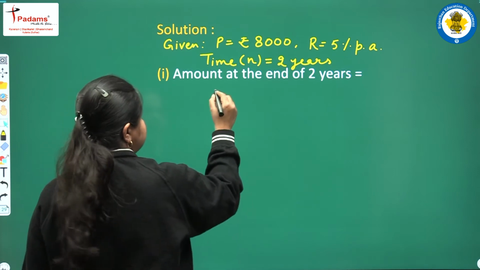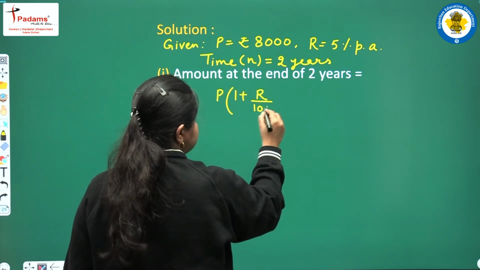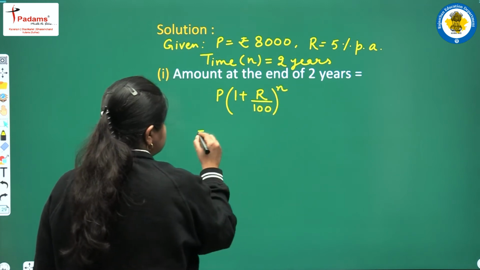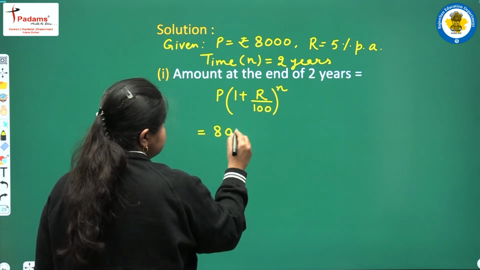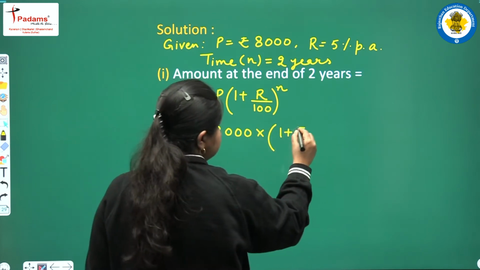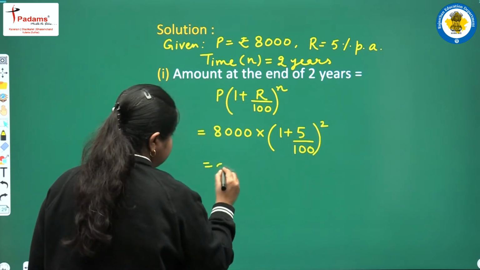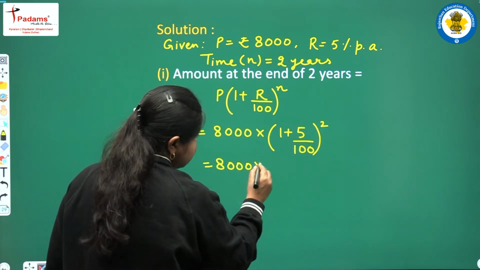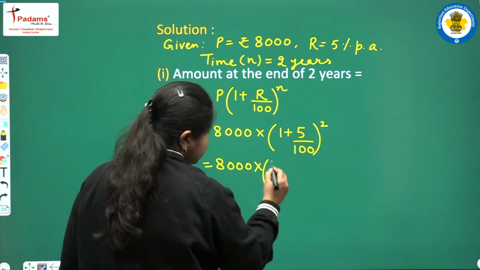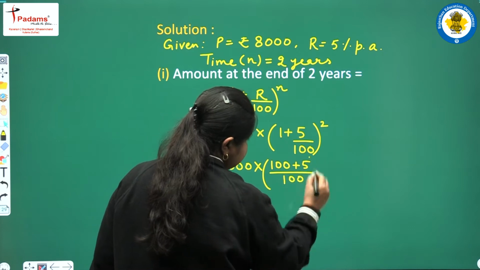Let us find it as P into 1 plus R upon 100 raised to power n. Now P is 8,000 into 1 plus R, which is 5 here, upon 100 raised to power 2. This will be 8,000 into 100 plus 5 upon 100 raised to power 2.